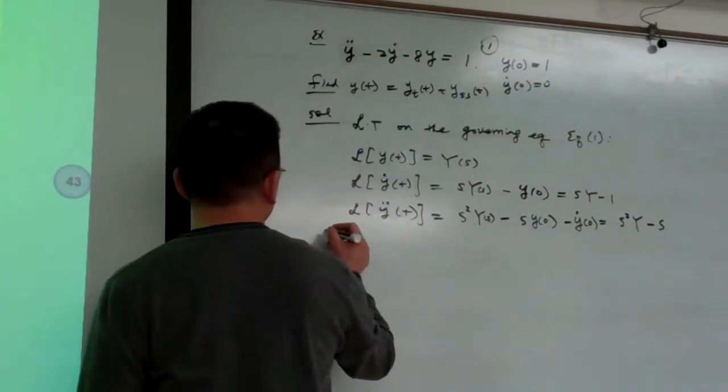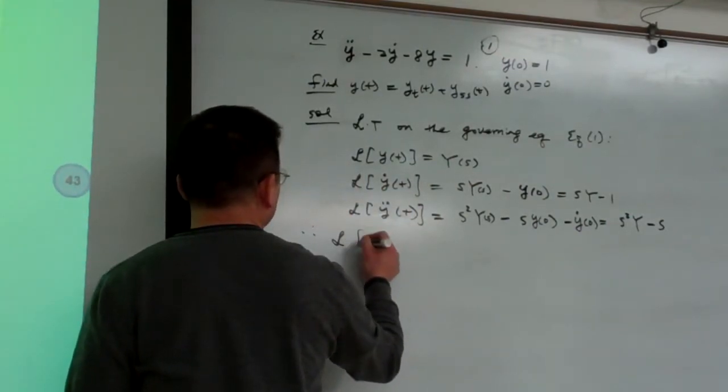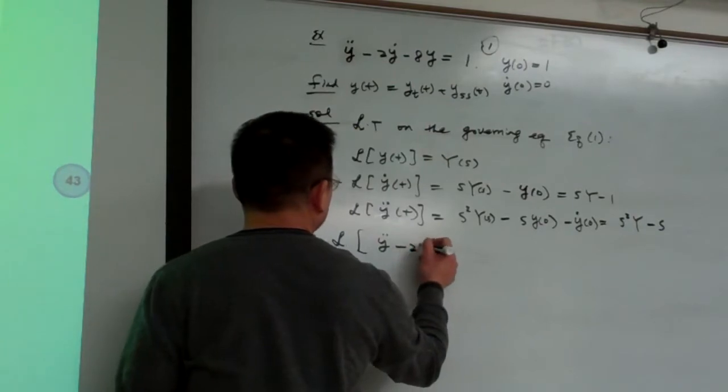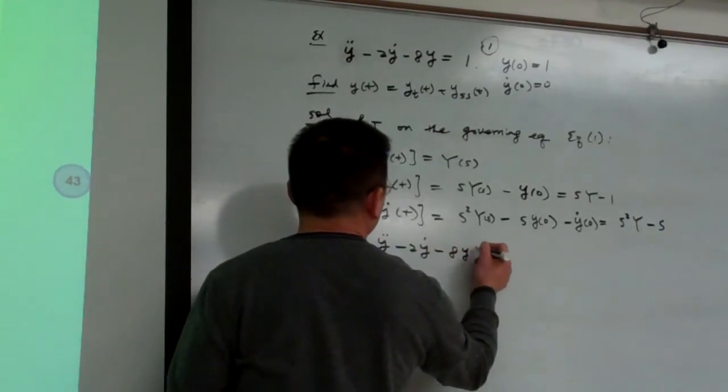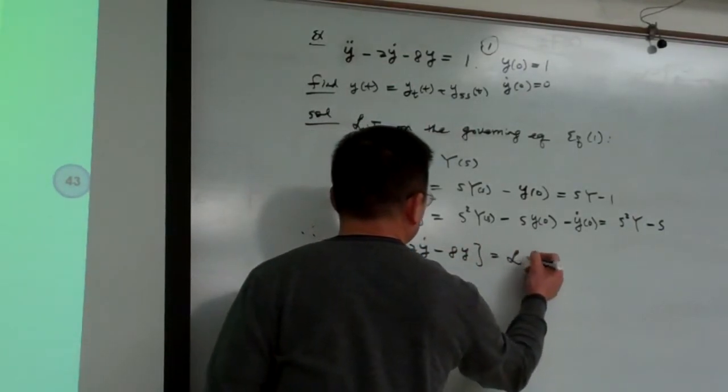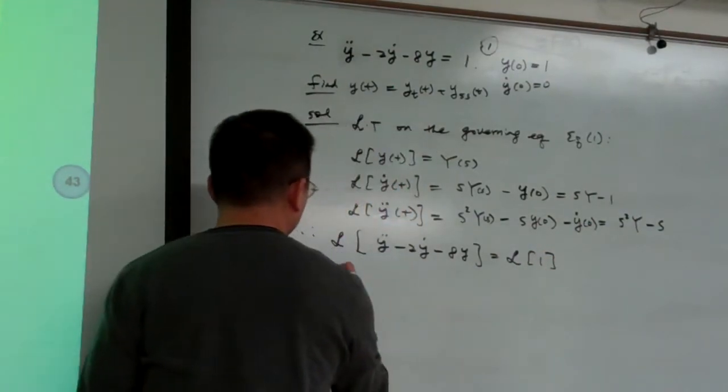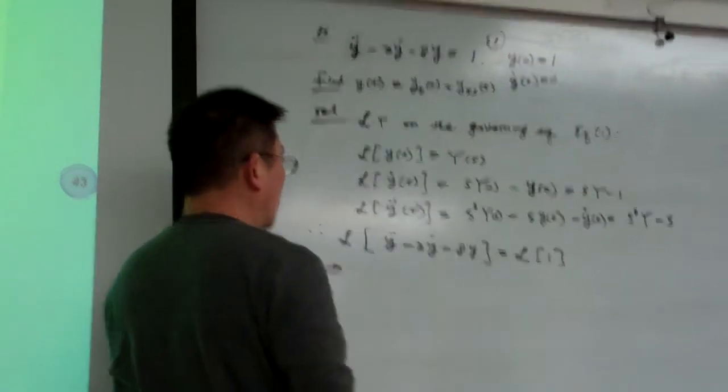Therefore, we take the Laplace transform of y double dot minus 2y dot minus 8y equal to the Laplace transform of 1. From here, we simply plug in all the information.